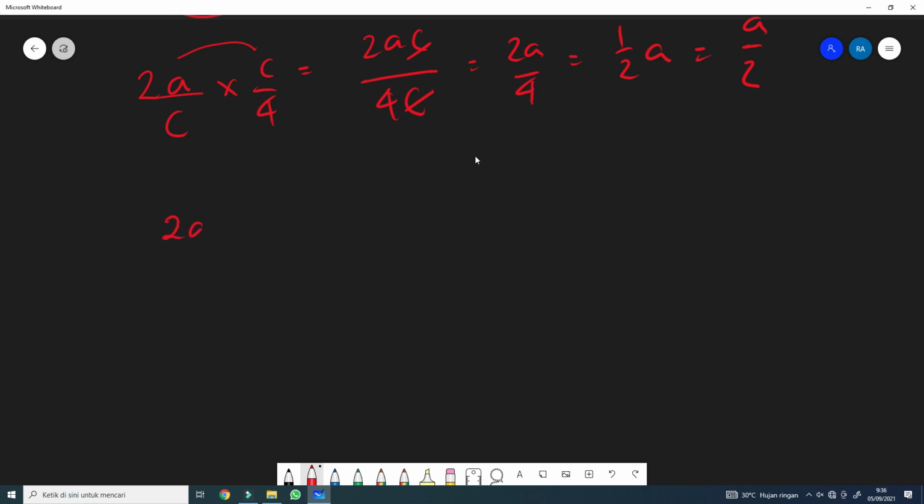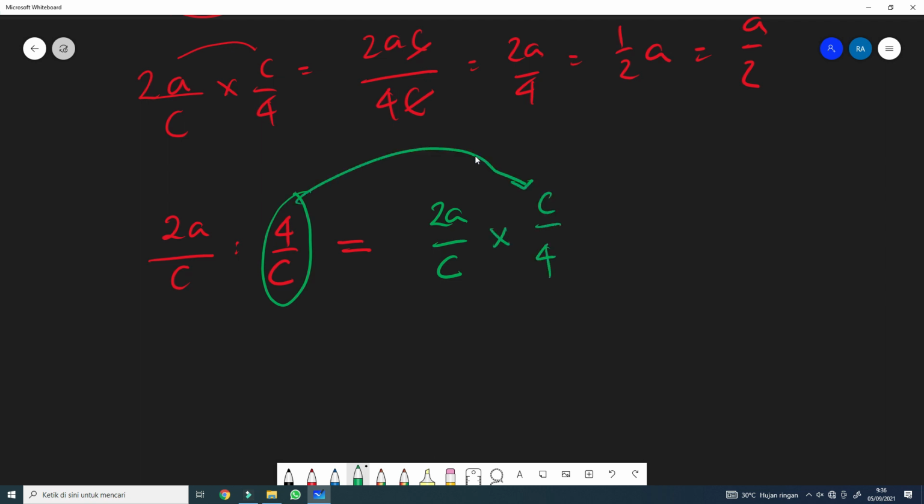And we have 2 times a over c divided by 4 over c, then it equals 2a over c times this one, which needs to be transposed first, 2c over 4. We cancel the c and get 2a over 4, which equals half times a, or a over 2.